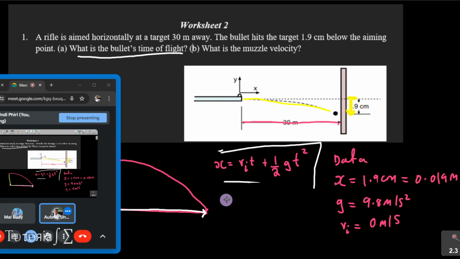So our x, 0.019, will be equal to, this part here will be 0 since our initial velocity is 0. Then we have 0 plus half, our g is 9.8, then we have our t, which is what we're actually looking for.